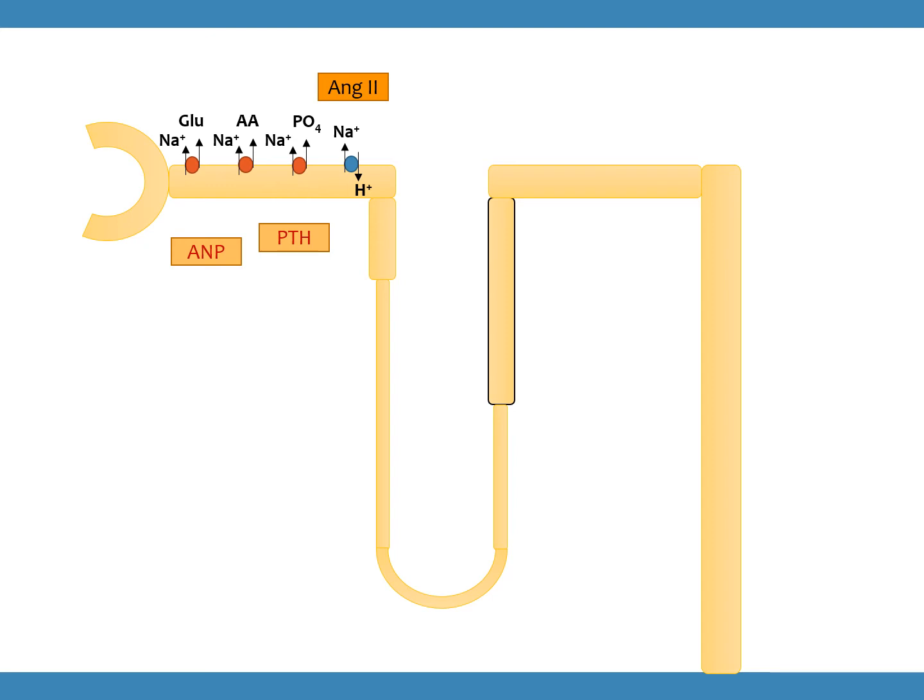Now, when we move on to the loop of Henle, it is mainly concerned with concentrating the urine, and this topic will be covered in the second lecture. So we just leave it for now.